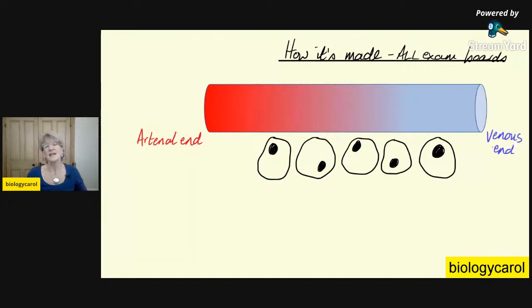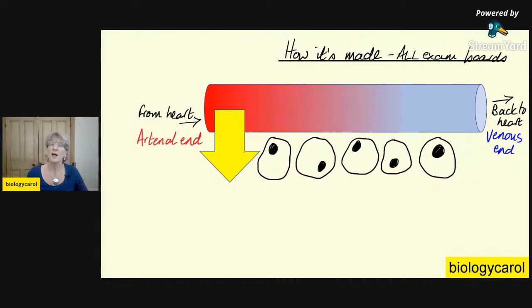At this end, it is the venous end, because the capillaries at this end will join together to make veins, and the blood will be directed back to the heart and then to the lungs so that it can be oxygenated. So this end comes from the heart, and this end is going back to the heart. Now, hopefully it makes sense. The arterial end is where the heart's contractions really make a difference and really up the blood pressure.